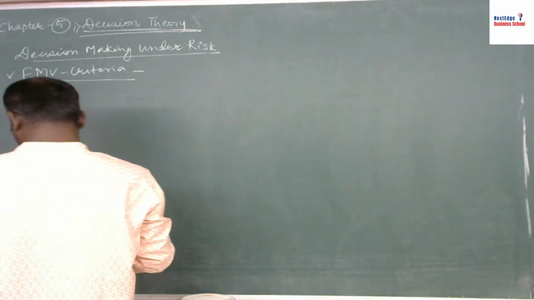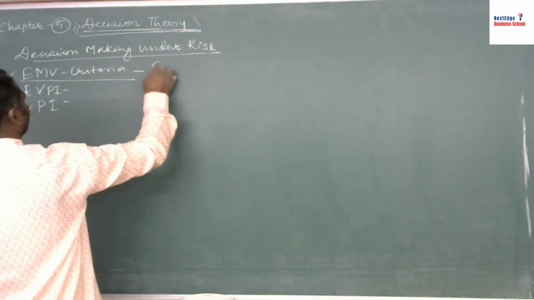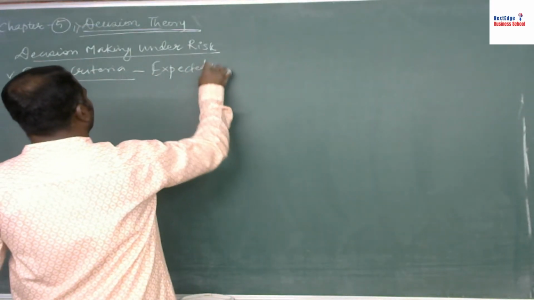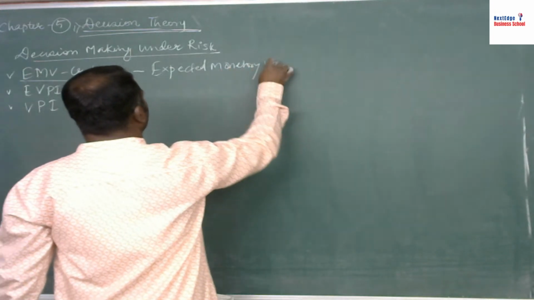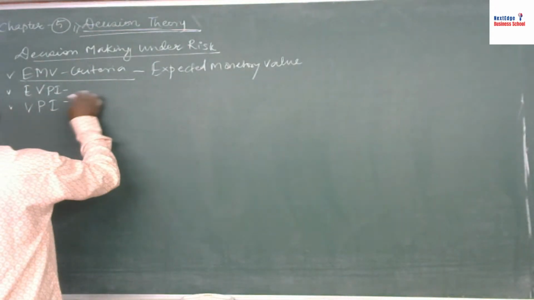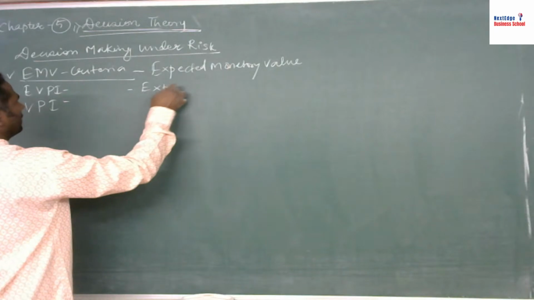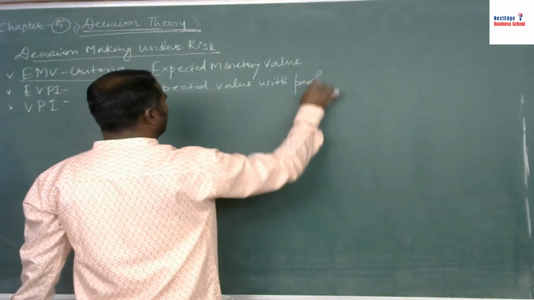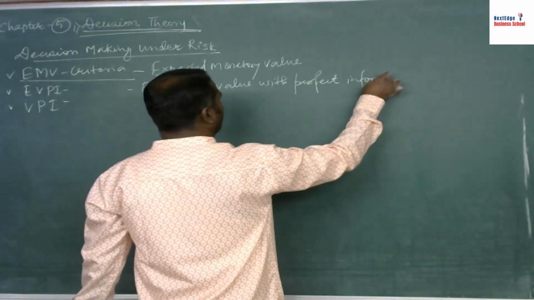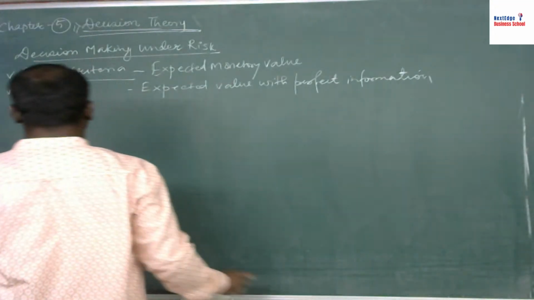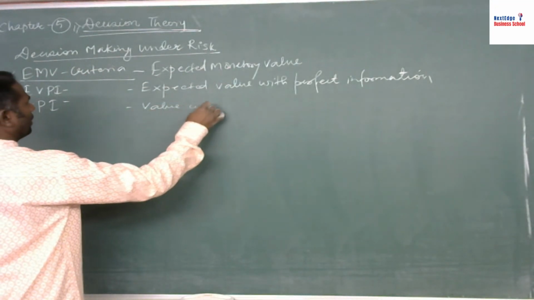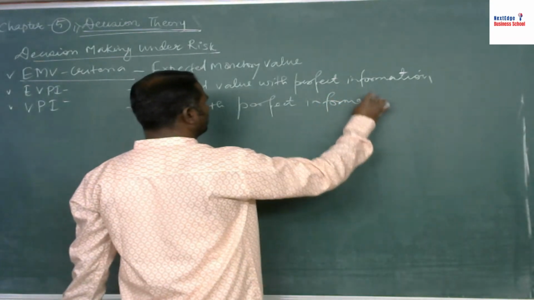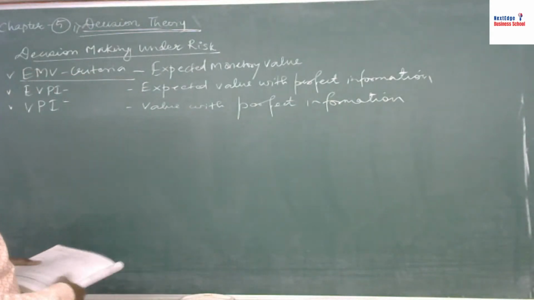What exactly EMV means? It is expected monetary value. जनरली इस पे एग्जाम में क्वेश्चंस नहीं आते, बट आपको पता होना चाहिए. Expected monetary value criteria, then expected value with perfect information, and third is value of perfect information. करेक्ट?